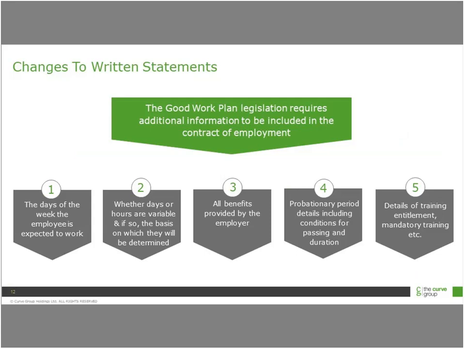So this includes the days of the week the employee is expected to work, whether the days or hours are variable, and if so, on what basis they will be determined, such as a rota, all the benefits provided by the employee, probationary period details including conditions for passing and the duration of that probationary period, and details for training entitlement, for example, what mandatory training is there and training which may not be funded by the employer. Therefore, it's worth checking your contracts as reviews we've done have showed that many contracts are not now legally compliant.